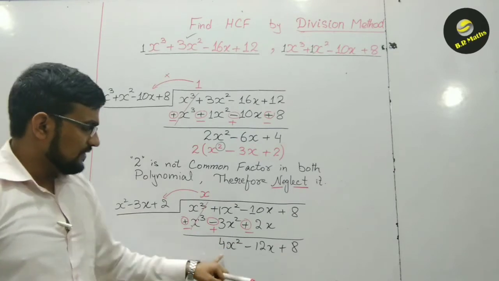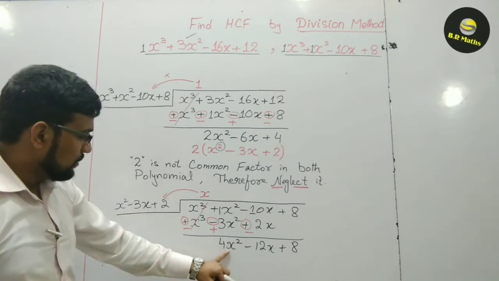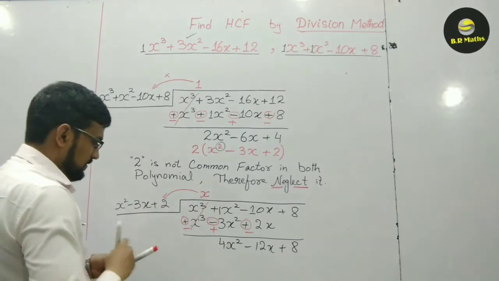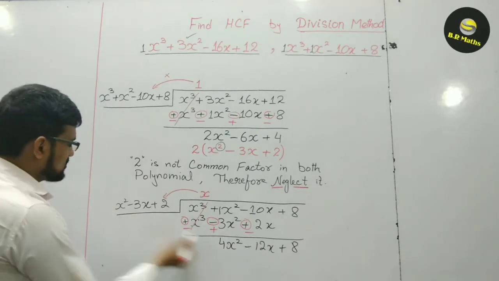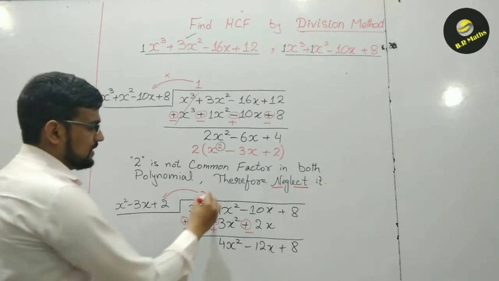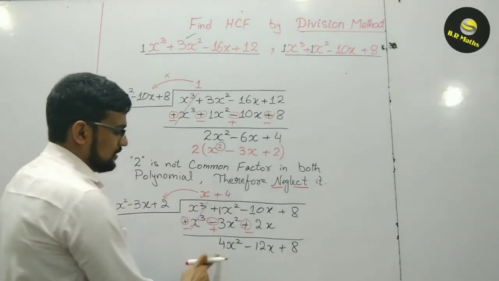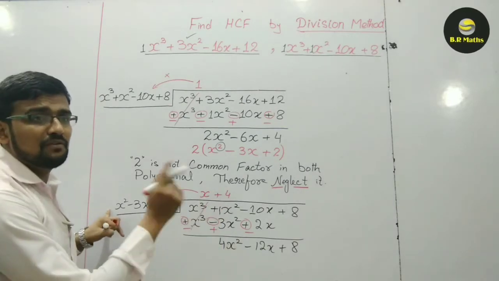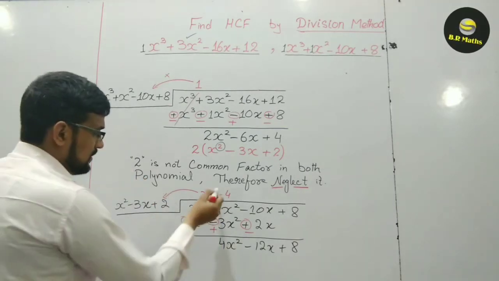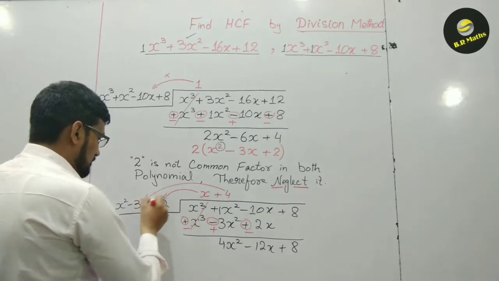But in this case I do not take common, I divide by this one. Okay, 4x square divided by x square, first term divided by first term, and then 4 is the quotient, now 4 multiplies this and here.